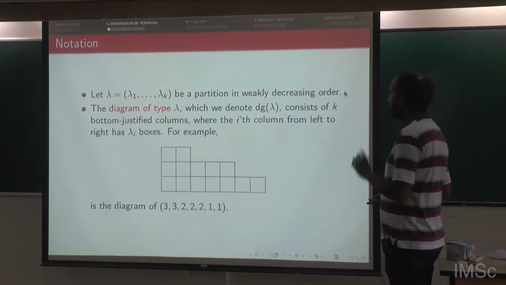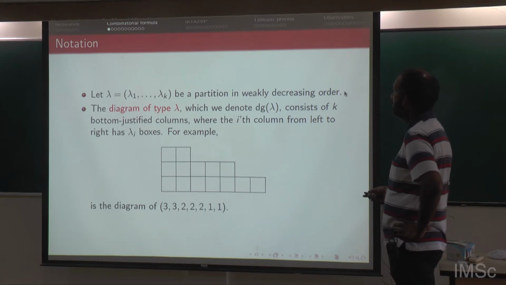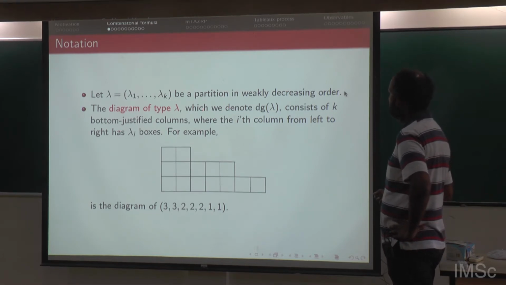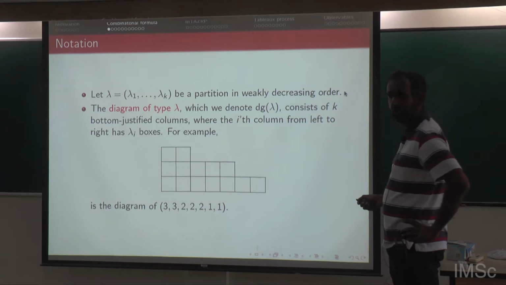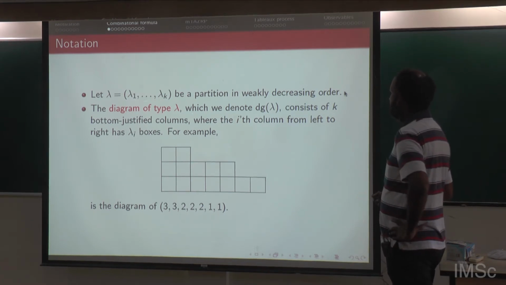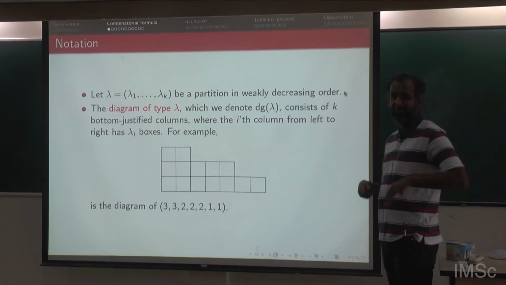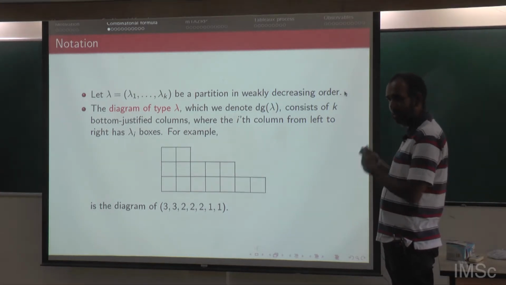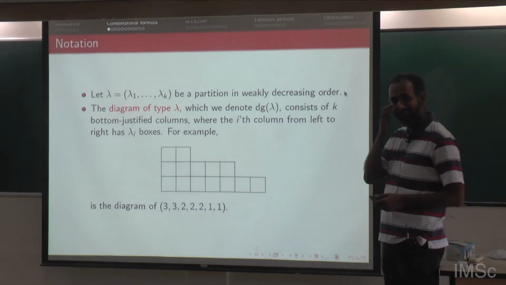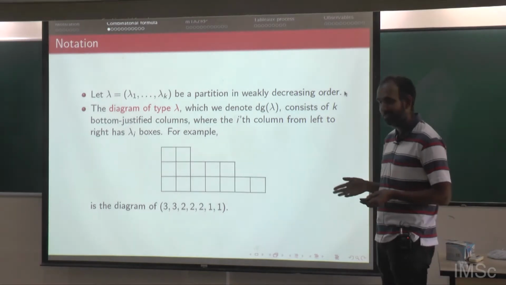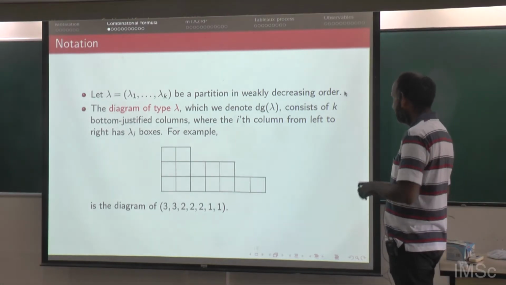Okay, so let me start with some notation. Let lambda be a partition, and as usual, these will be in weakly decreasing order. Unfortunately, historically people have used yet another pictorial notation for partitions, and I'm sorry, but we are kind of forced to use that.